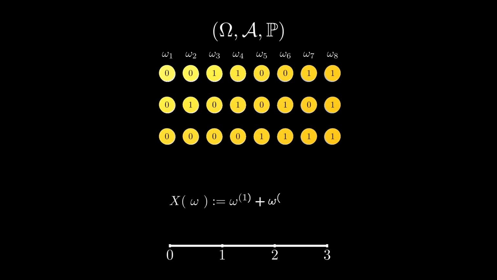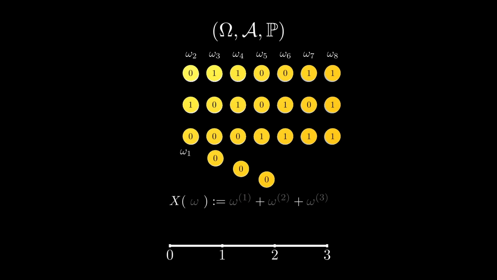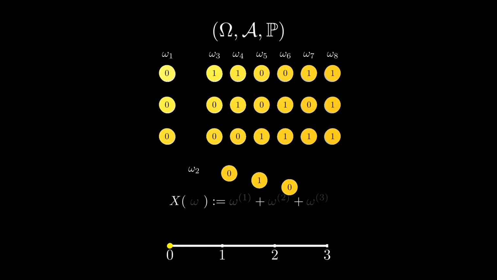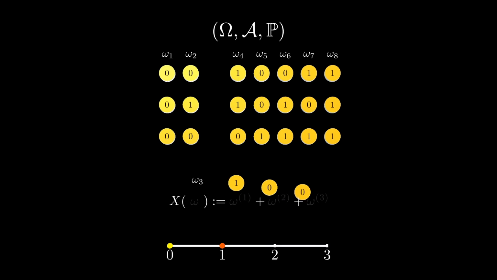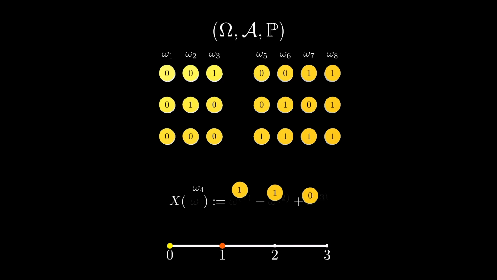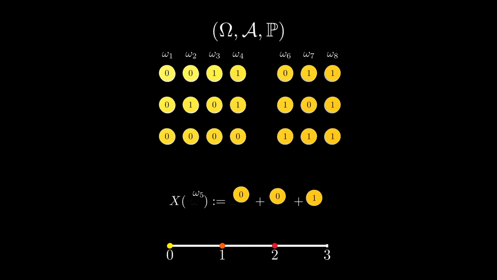So let's define a function, X, that maps from the probability space to the set of numbers 0 to 3, and for each small omega in the sample space simply computes the sum of the coins represented as zeros and ones. As you can see here, this simple idea effectively solves our problem and transforms the outcome of our original experiment into the outcome of the experiment we are actually interested in.